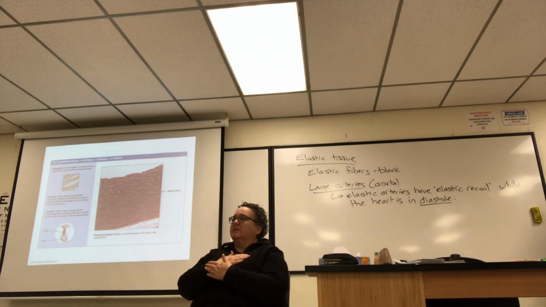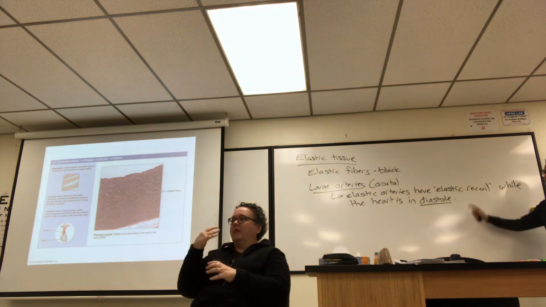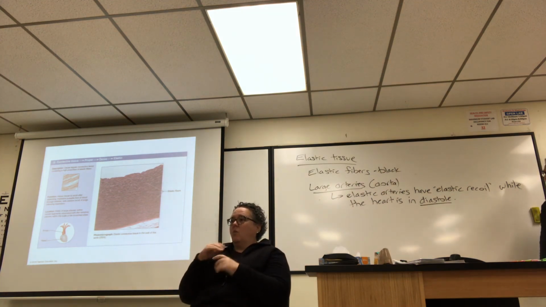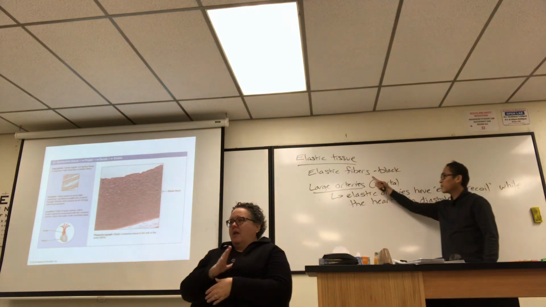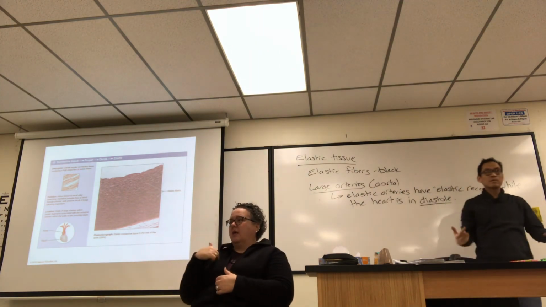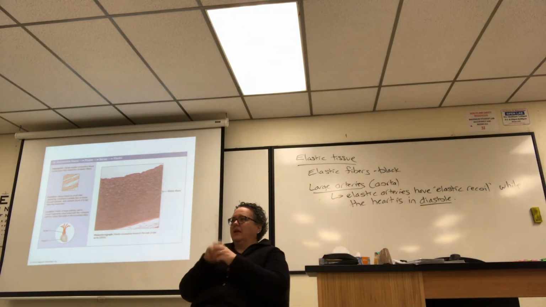So it's very important that this elastic recoil occurs so blood can keep moving forward during the time the heart is relaxed. That's a very important concept you'll relearn in 431 when we talk about cardio. But for here, I'm just giving you a physiology reason for having elastic tissue in your blood vessels. Okay, let me turn the lights off.